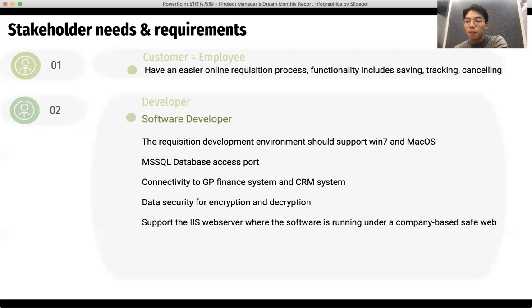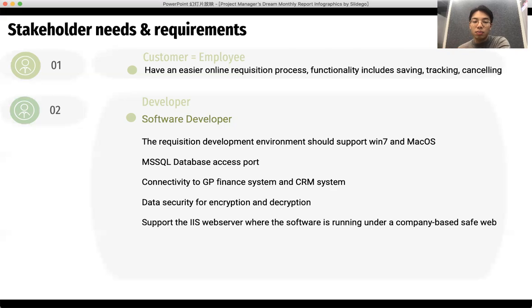And also, after the requisition process, those data sets and the processing information should be transferred to the GP finance system and CRM system with a possible and workable access port.